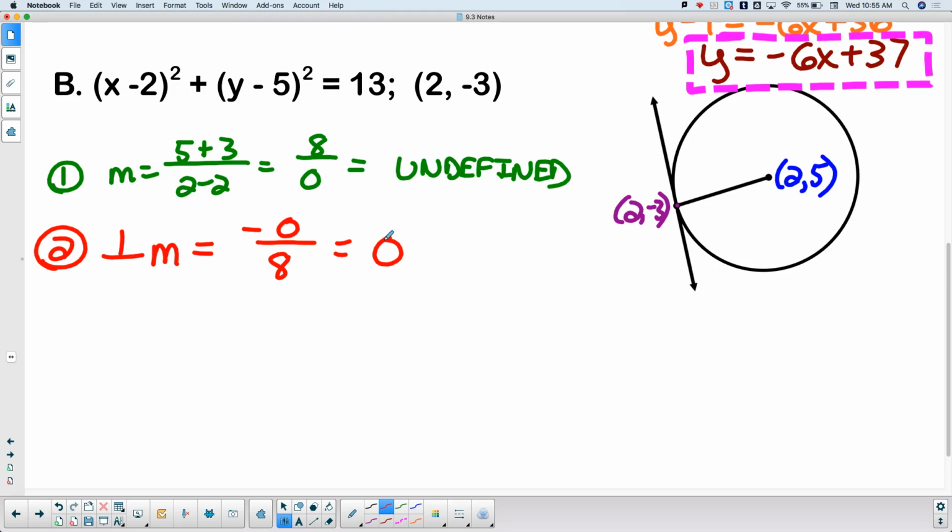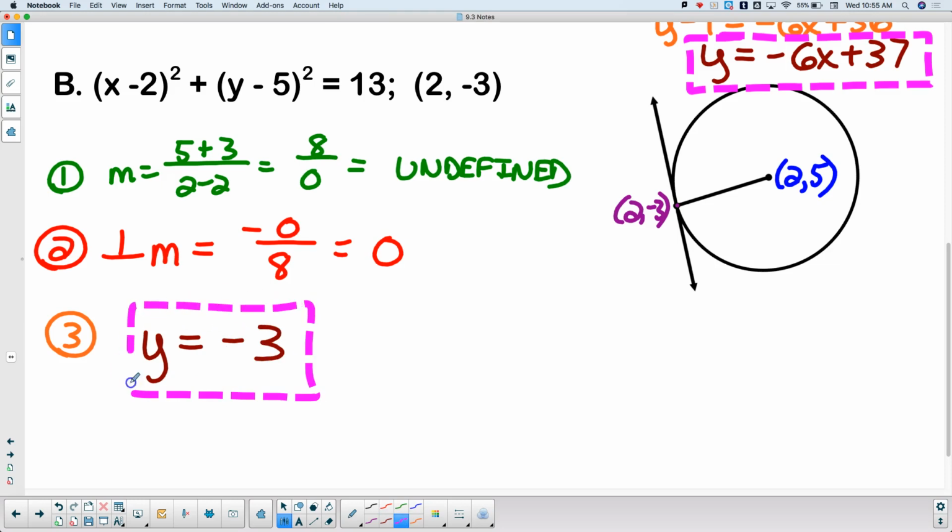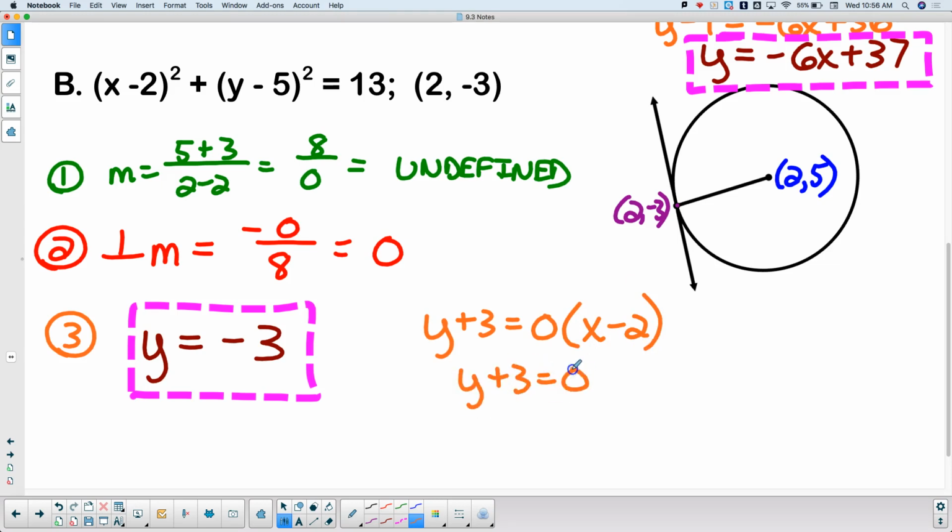Starts with an H. Horizontal lines have slopes of 0, so that means here in step 3, I need the horizontal line that runs through 2 comma negative 3, and that is y equals negative 3. If I went point slope form, I would have gone y plus 3 equals 0 times x minus 2, and that's going to be y plus 3 equals 0, which gets me y equals negative 3.